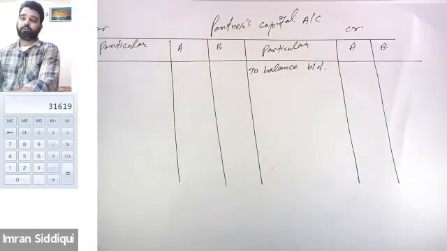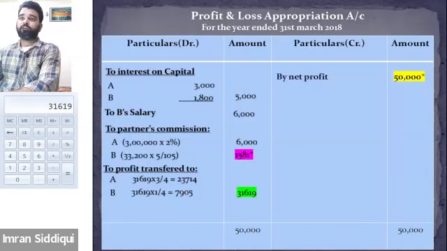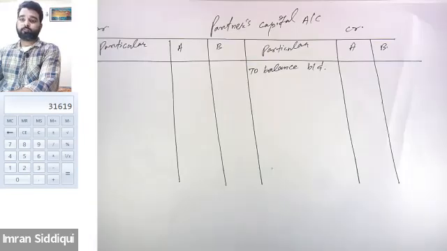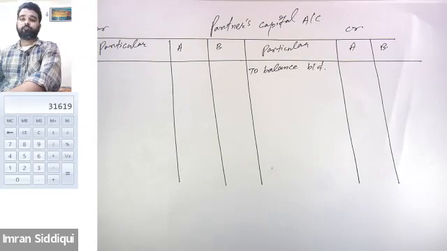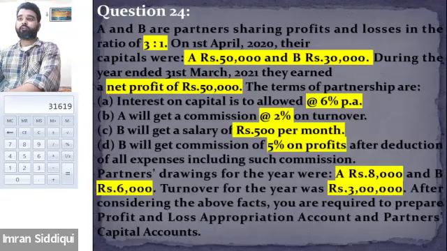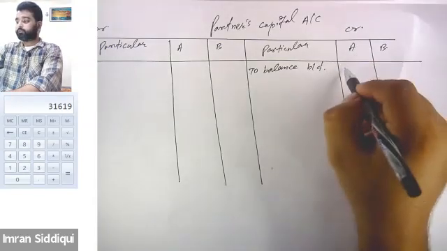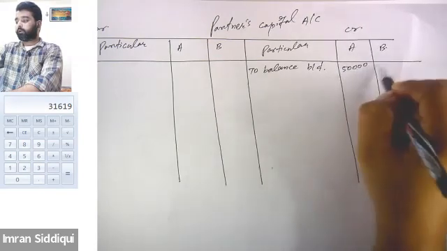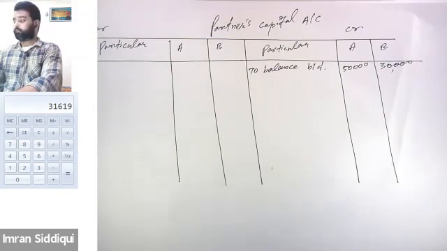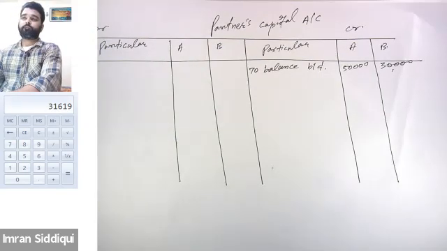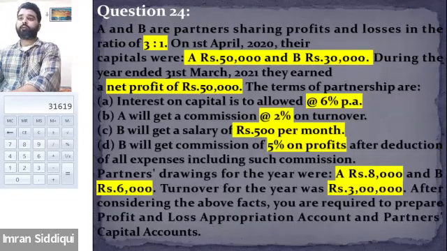What were their capitals? Their capitals were 50,000 and 30,000. Is that clear, everyone? Opening balances for A and B will be 50,000 and 30,000. This is clear to all of you. Okay.